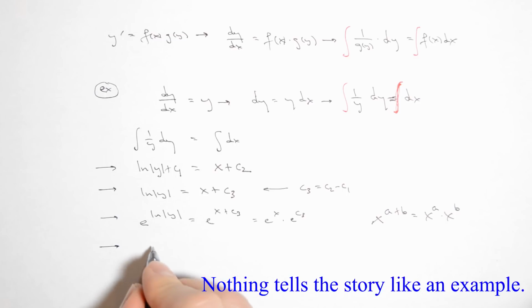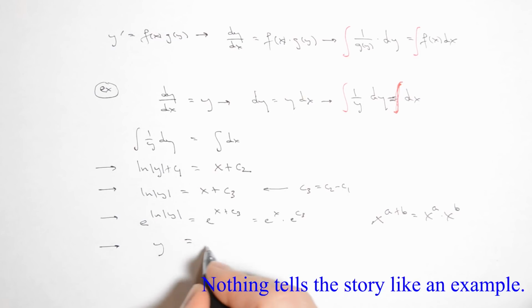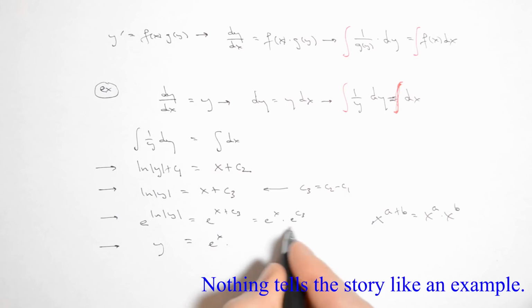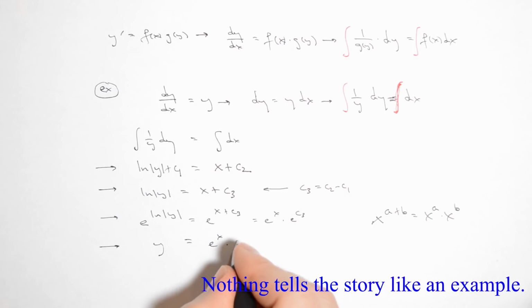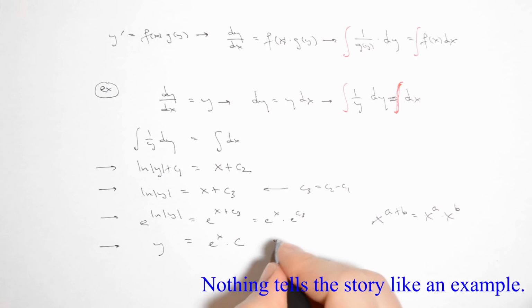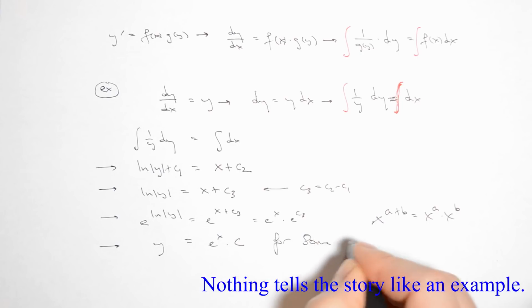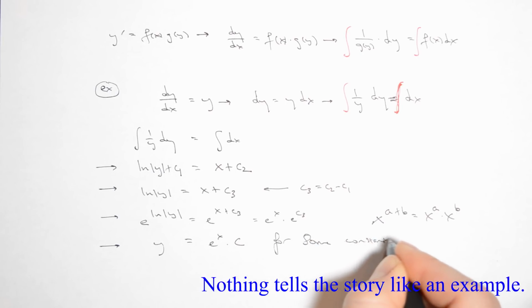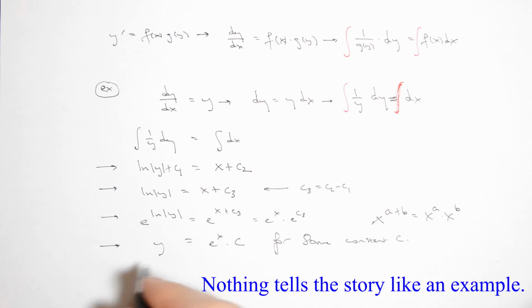Then here, this becomes y, because e and ln are inverses, equal to e^x times e^(c3), which is just another constant, for some constant c. So now we have y = c e^x for some constant c as the general solution.